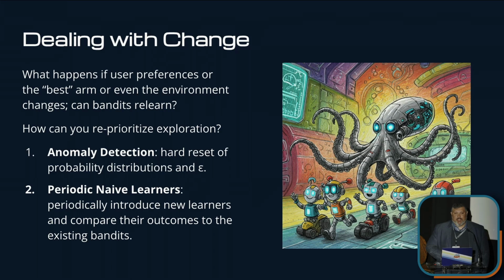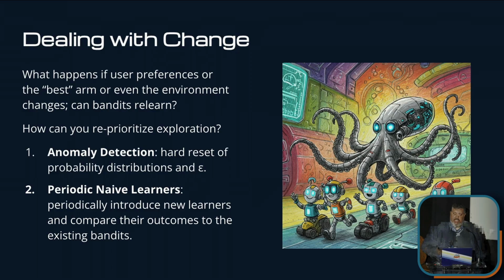That is kind of the nuclear option because you're going back to scratch and rebuilding from scratch. But that tends to work okay, especially if you have a lot of arm pulling that happens very rapidly. The other thing you can do is use something called periodic naive learners.